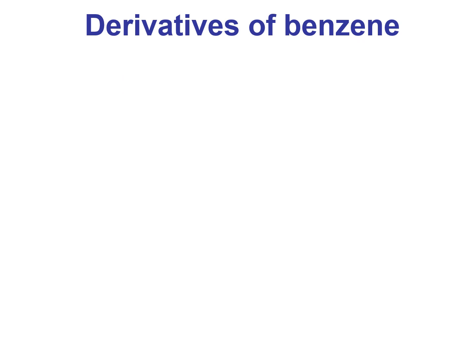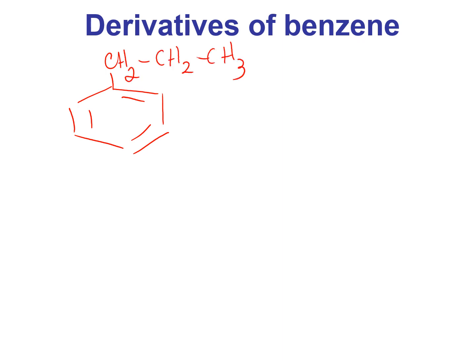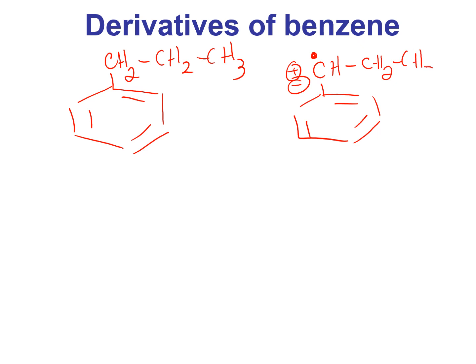If you have a benzene ring carrying a chain that is formed of more than one carbon, for example, such a chain. If you place a charge, no matter what the charge is, whether positive, negative, or a free radical, on this carbon immediately attached to the benzene, the benzene will be performing a resonance with this carbon.